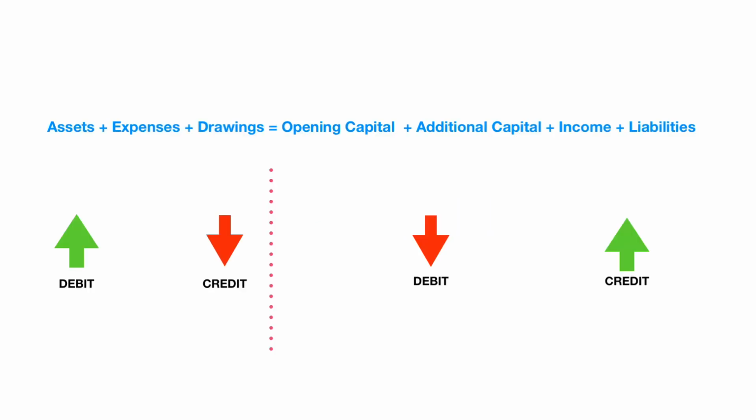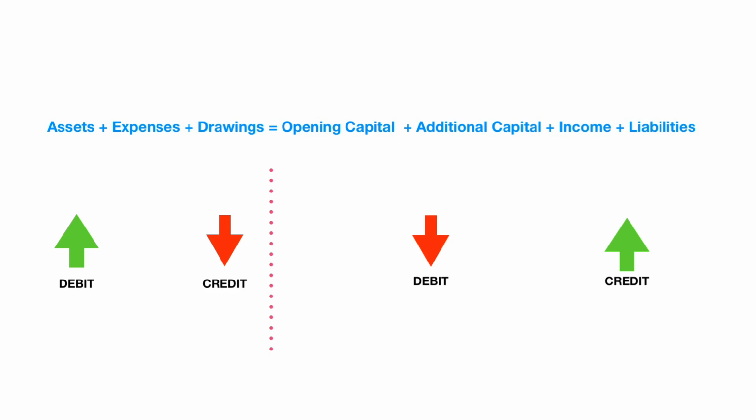Another way that you can remember this is through the accounting equation. The extended accounting equation is given to you on screen. So assets plus expenses plus drawings. Now guys, if any of these are increasing, if your assets are increasing, if your expenses are increasing, if your drawings are increasing, they need to be debited. If they are decreasing, you need to credit it.